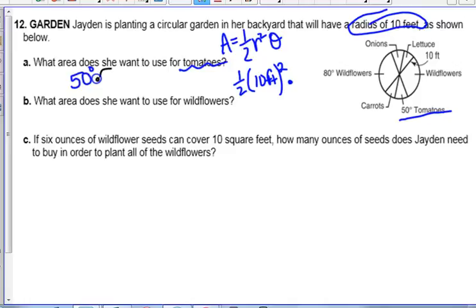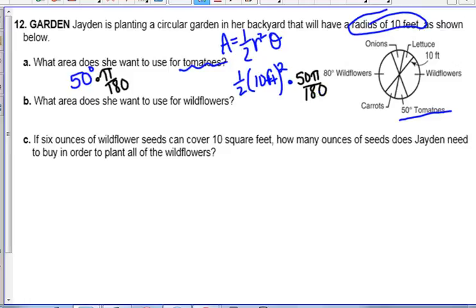Yeah, so we got to do this times pi over 180. Since we're just going to type it in anyway, can't we just not reduce it? I mean, it would be 5/18, but just type it in. 0.5 times 100 times 50 pi over 180.